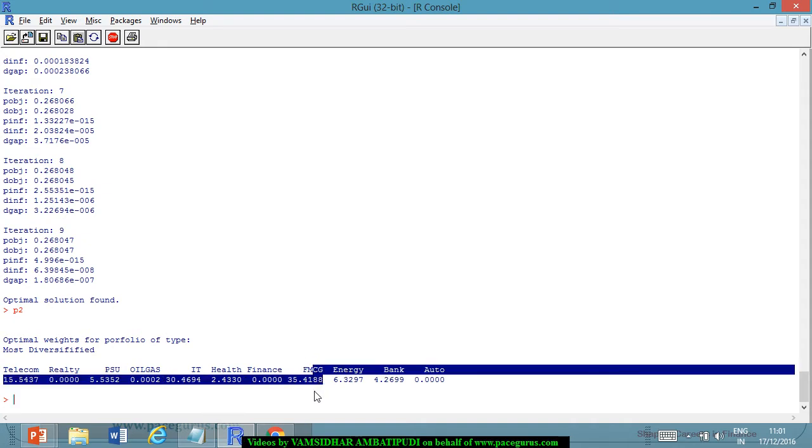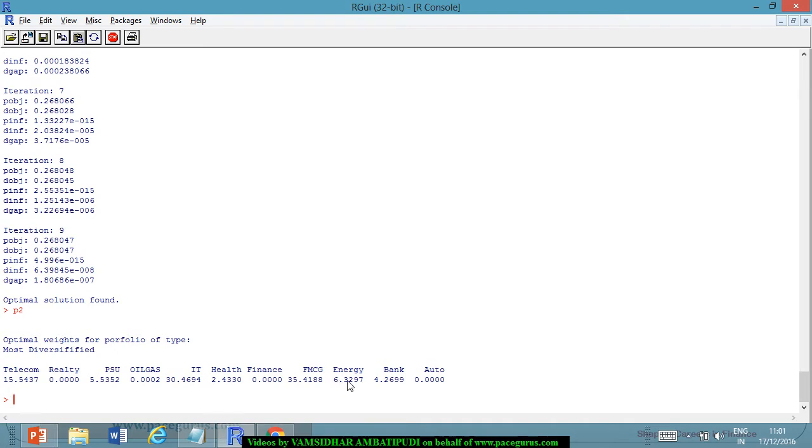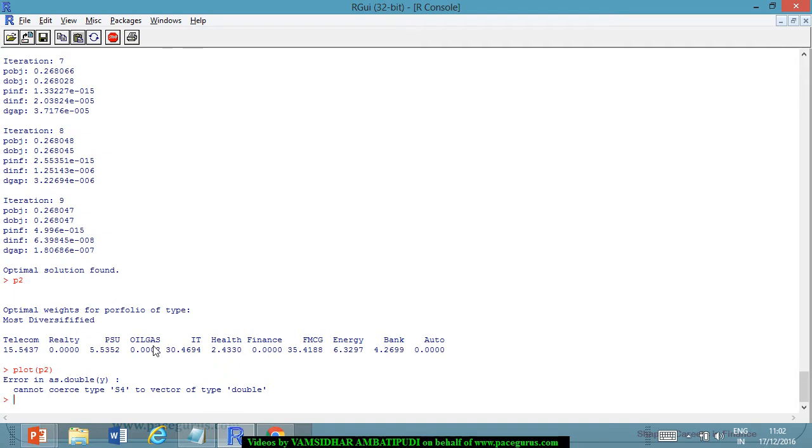FMCG has gone with 35,000, energy went with 6,300, and banking went with 4,200 out of the 100,000 total investment. So this is the overall diversification part. I don't think we can plot these graphs, so I cannot talk about plotting these, but I can look at the structure of P2.